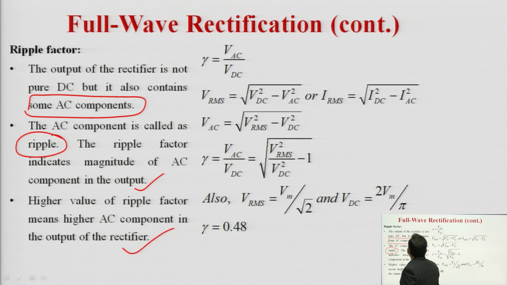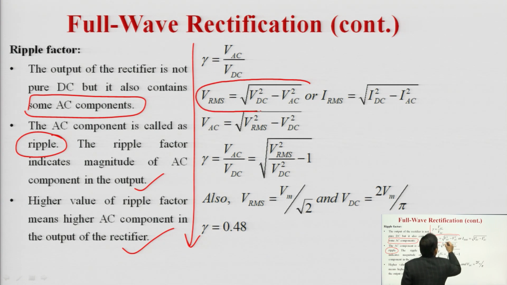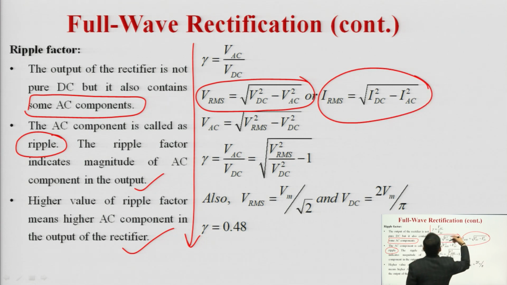Mathematically, the ripple factor is given by VAC by VDC, and there is one more relationship: Vrms square equals VDC square plus VAC square. There is a similar relationship for current also, so we can use Vrms and Irms as well.